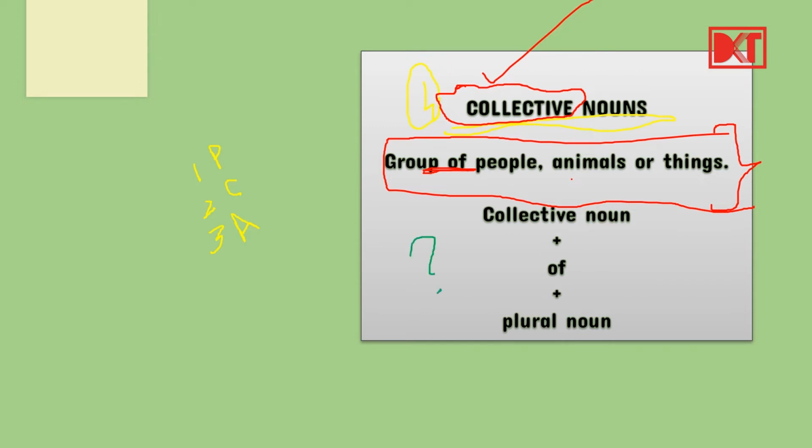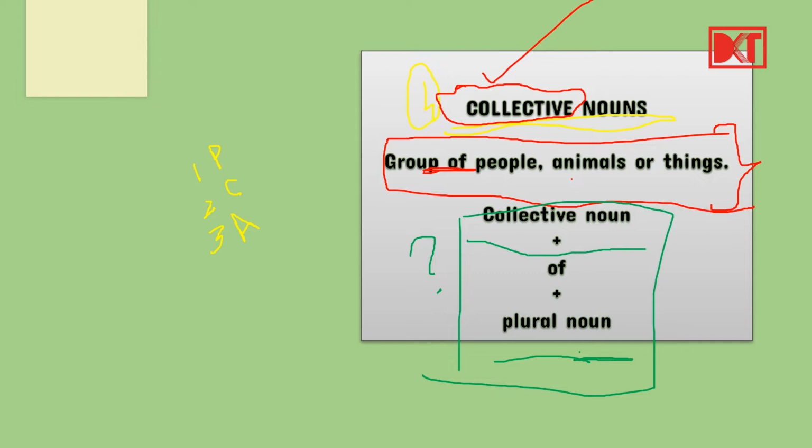This is the formation: collective noun plus of plus the plural noun. Whatever noun we have, its plural form will come here, and its collective noun, which we will study now. Collective noun plus of plus plural noun. You should write down this formation and we will see this in the upcoming slides.